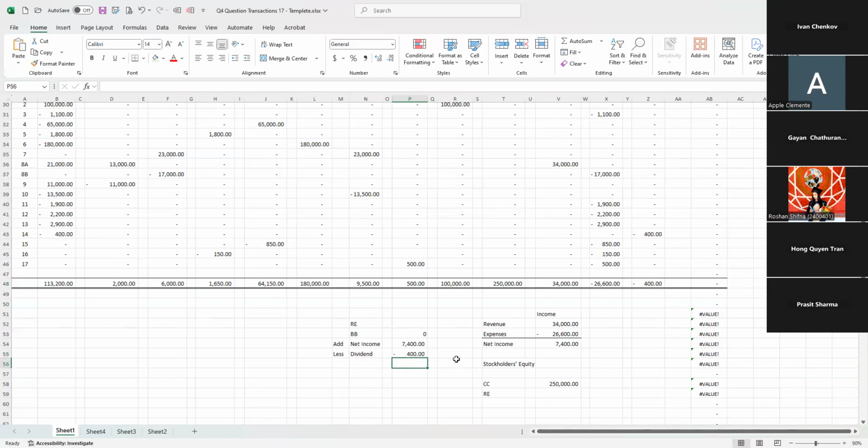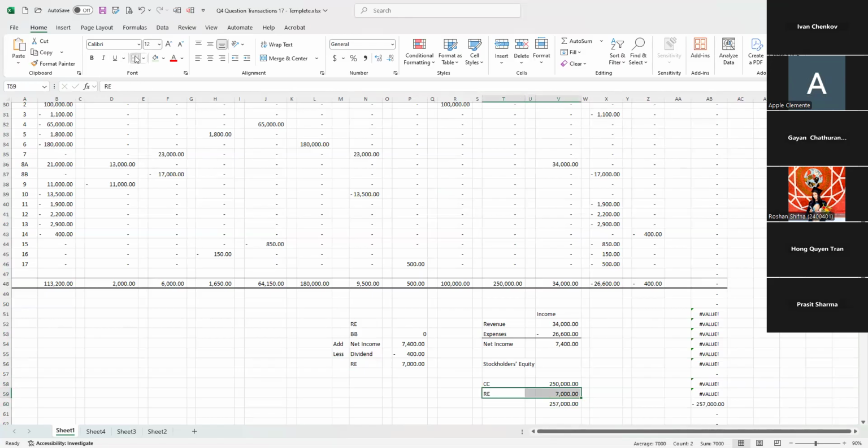How much are my retained earnings at the end? 7,000. So that 7,000 goes right here, retained earnings. So how much is my shareholders' equity? $257,000. Make sense? Yes.